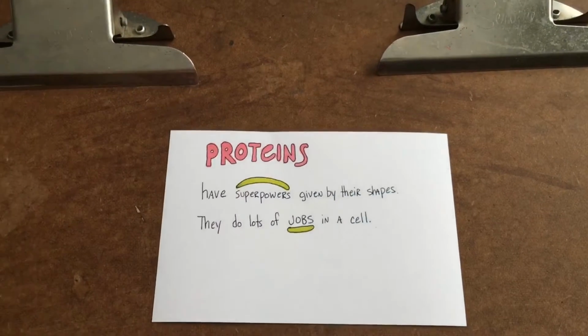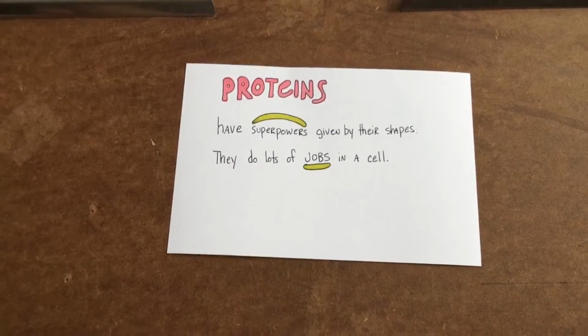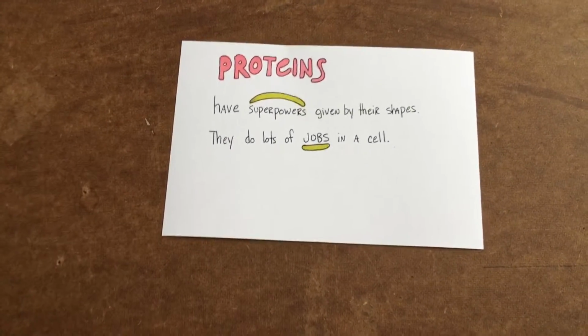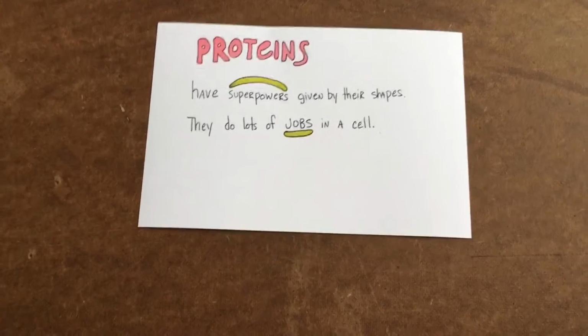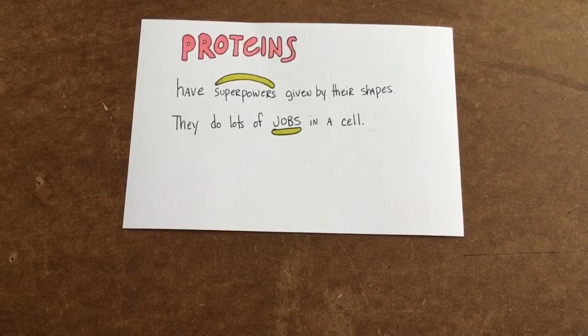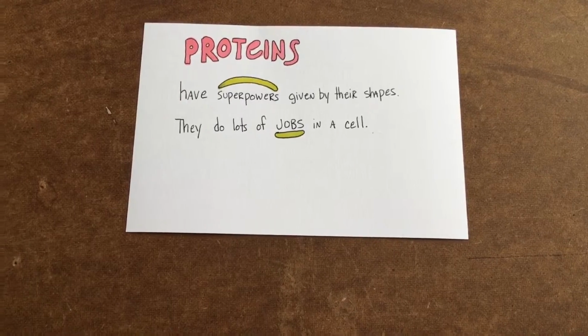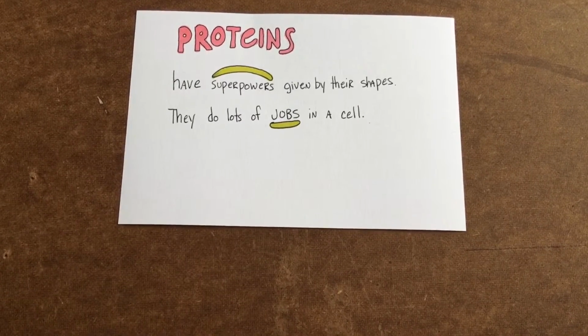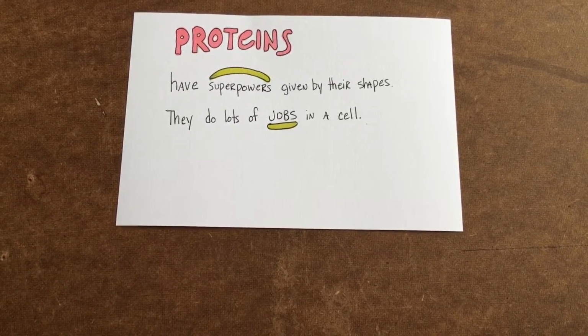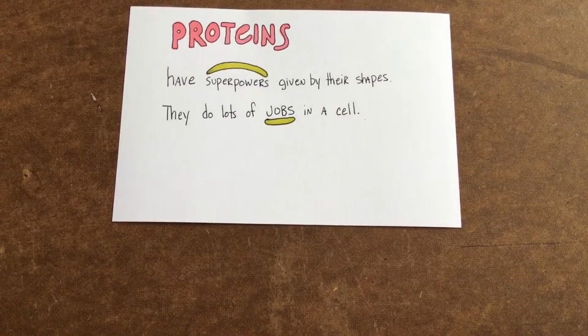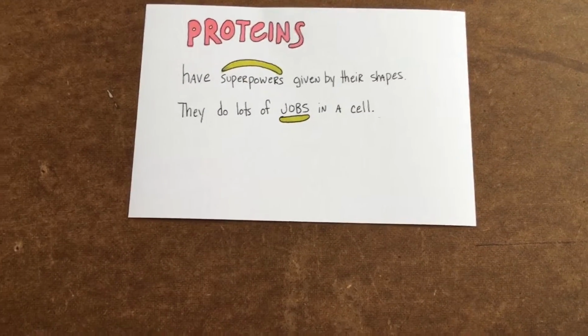So what that means is that proteins have kind of superpowers given by their shapes. They do a lot of jobs in the cell, and if you want, you can think of them as a machine. And the machine depends on the shape of the machine. Kind of obvious, but in chemistry and molecular chemistry and biochemistry, it's amazing that this works the same way.